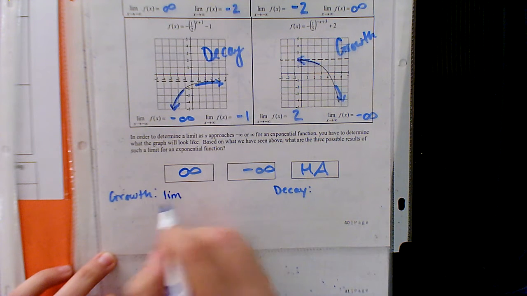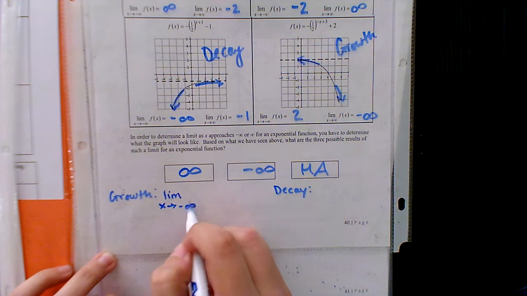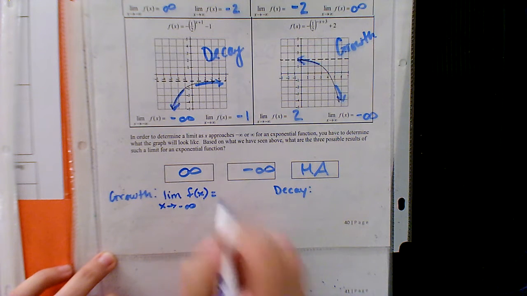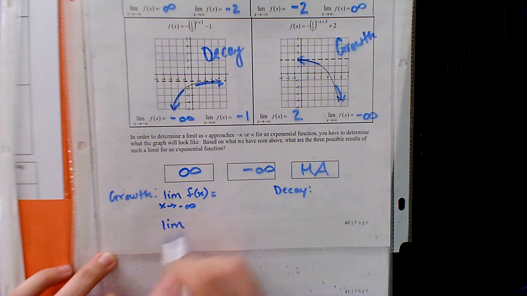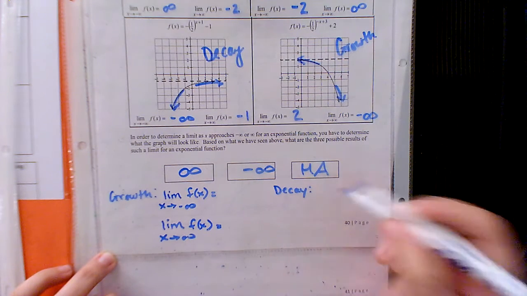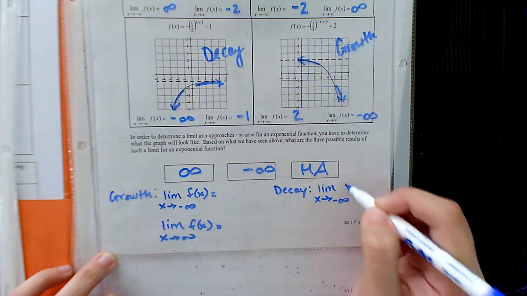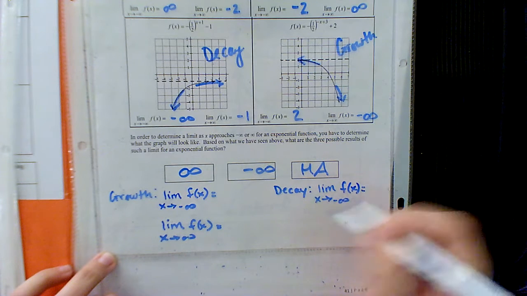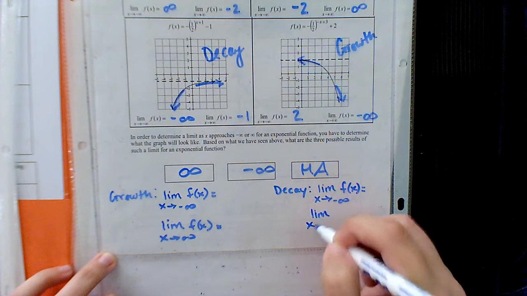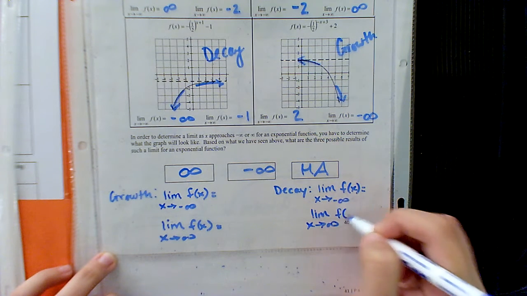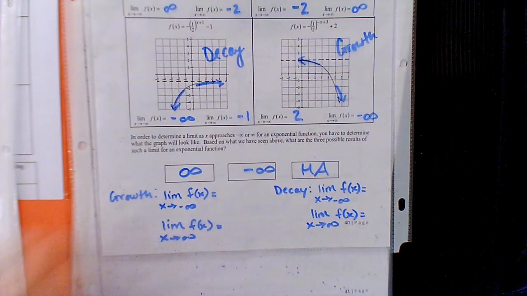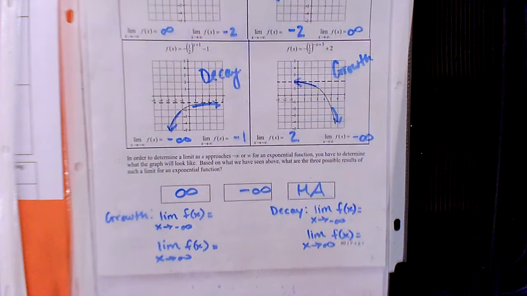So let's check out as x approaches negative infinity and as x approaches positive infinity. All right, now we labeled the graphs above as decay or growth, so you can reference those if you have to.